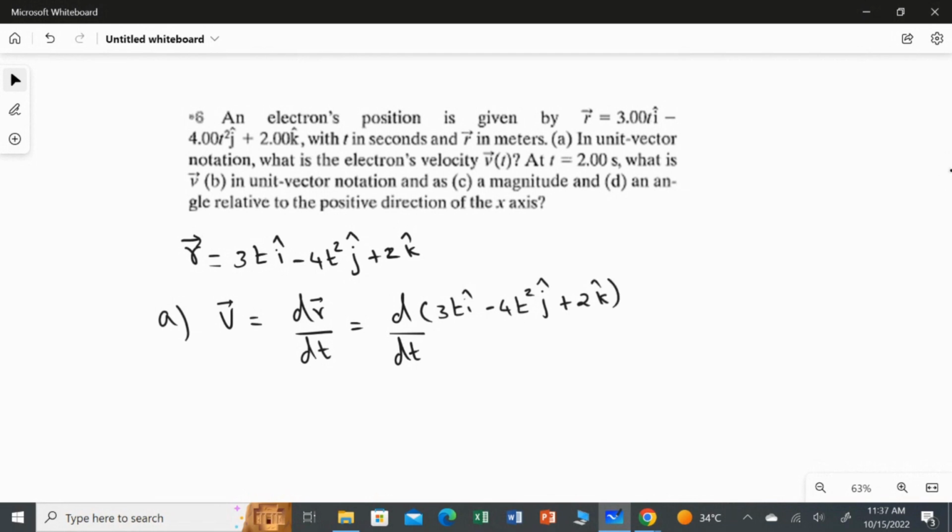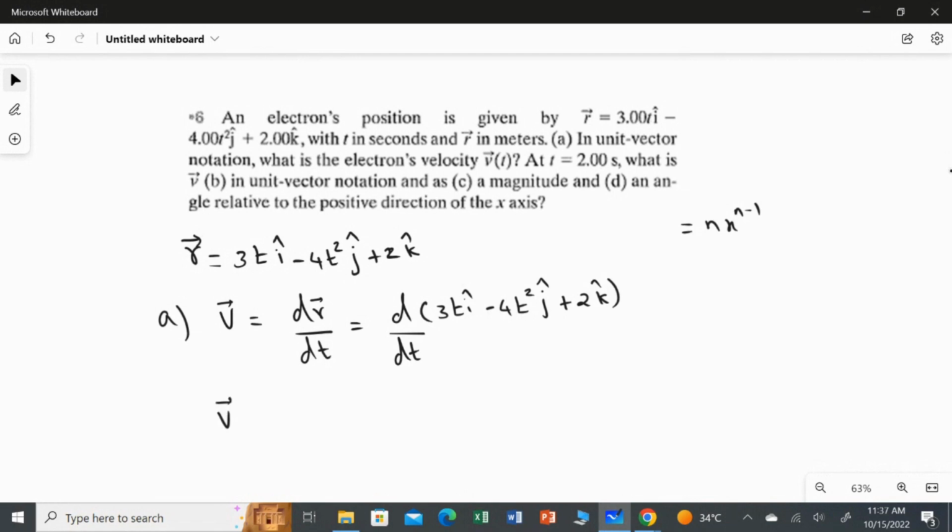Now I'm going to differentiate this equation with respect to time, using the rule n x power n minus 1 for each t term. By that, we will get the instantaneous velocity.